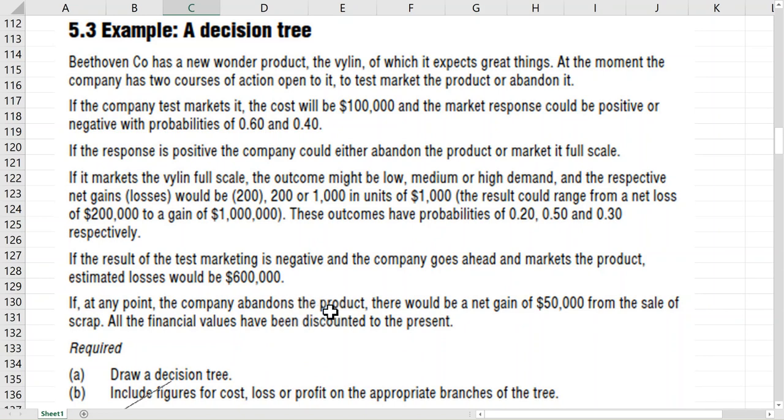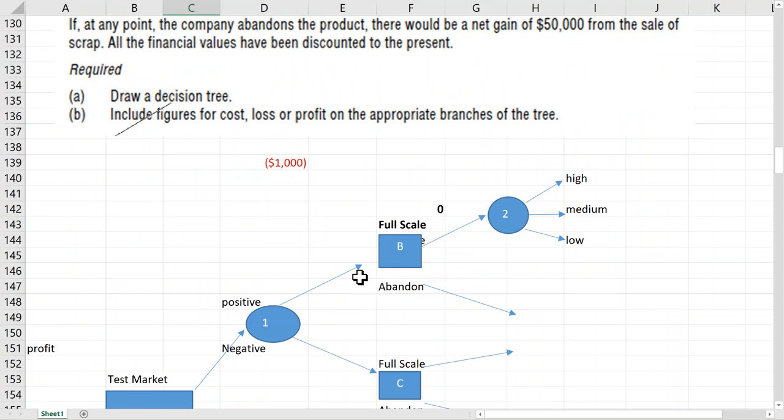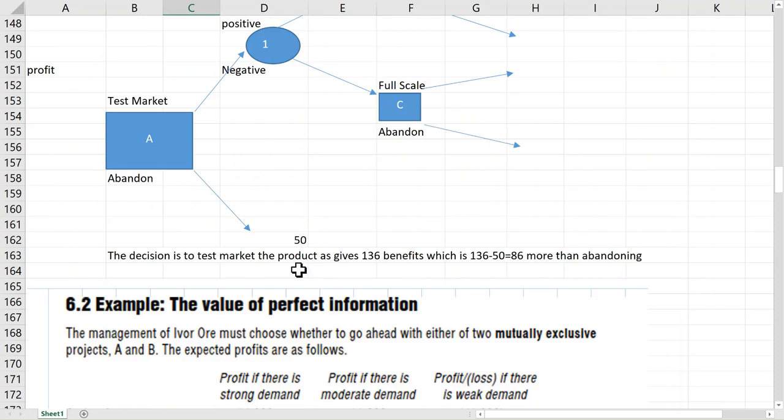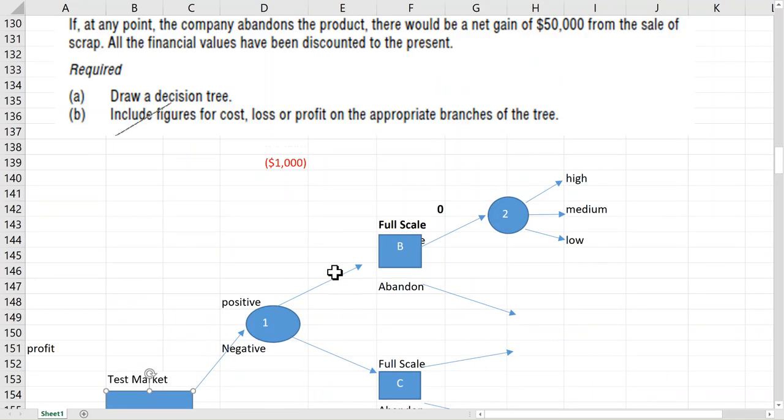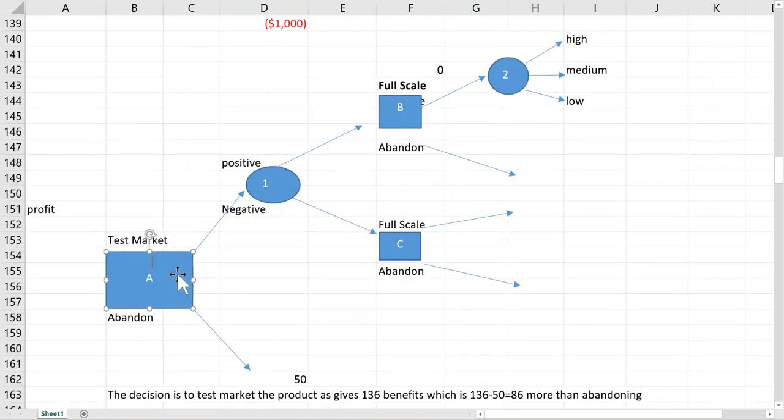So let's look at the situation. In a decision tree, decisions are represented by squares and outcomes are represented by circles, and outcomes have probabilities while decisions don't have probabilities. So a decision is something we decide, so it is not given any probability, but an outcome is something that happens and has a probability.